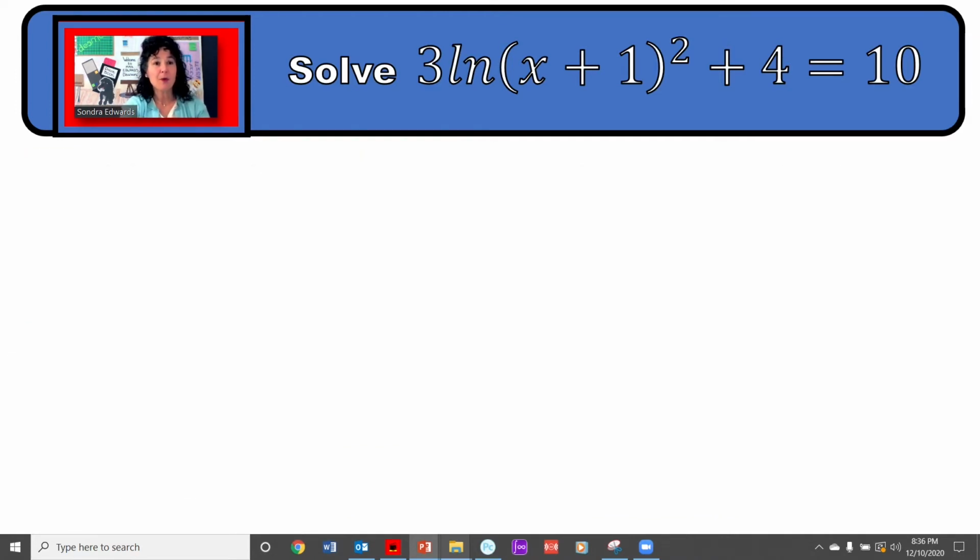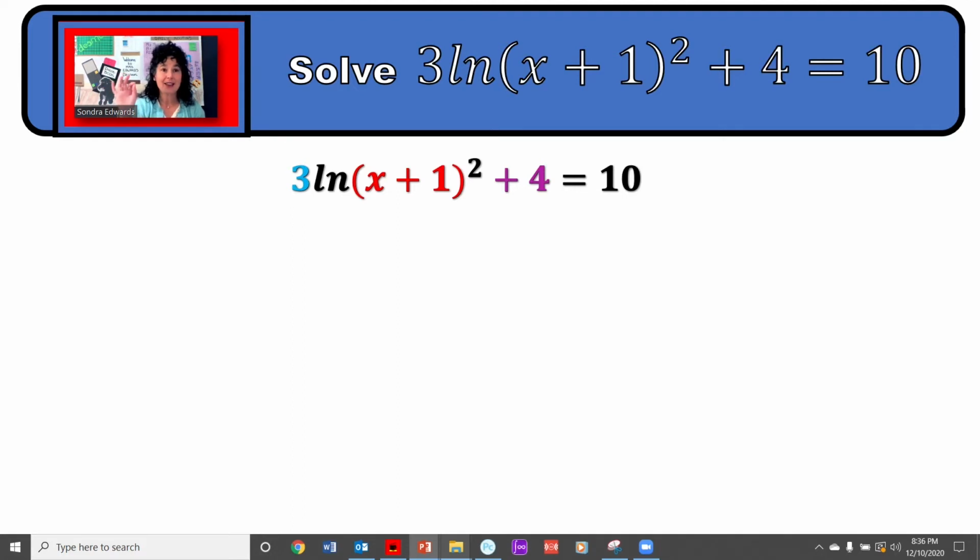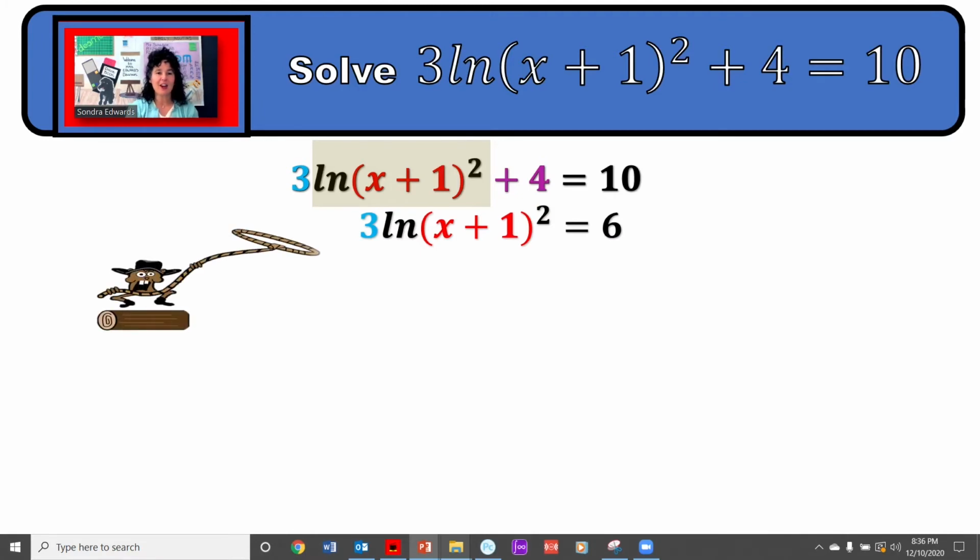Now I'm going to go through a common mistake that happens because you get so excited about these properties and you want to apply them when you know them. So if I start solving this exact same problem, and you begin by trying to get one logarithm by itself by undoing the order of operations, I'm going to subtract over 4, that part's good, and then right there you're so tempted to lasso the 2, because you know that property.